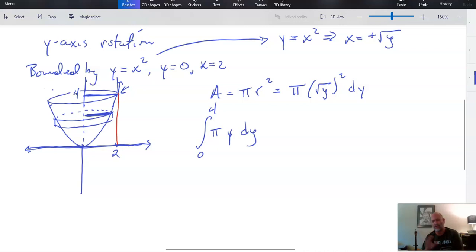Now, I do want to say something. This is a technical detail. The only reason that I wrote y here is because I'm only dealing with positive values. The integral is from 0 to 4, and that means there's no negative numbers in here. That would be a different story if there were negative numbers in this integrand.